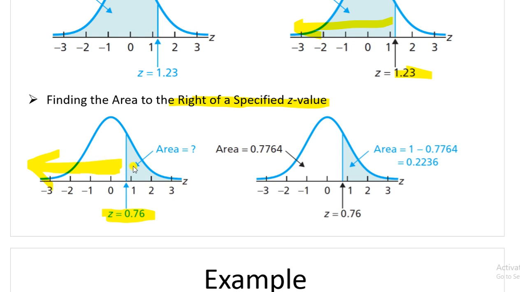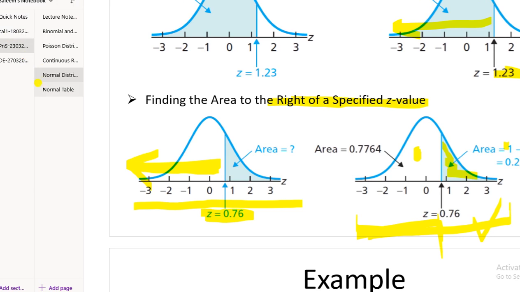So how to find the right area? I know that the total area from here to here is 1. So I will subtract this area from 1 to get the right side area, because the total area is 1. So the area on the right will be 1 minus the area to the left of 0.76. Let me show you how I got that 0.76 is 0.7764.